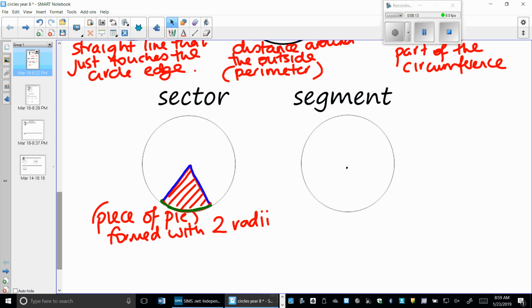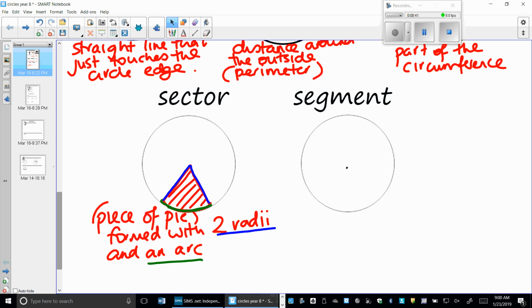Yes. So it's formed with two radii. That's the blue bit. And an arc. That's the green bit. Okay, so it's a piece of pie. So it's formed with two radii, so it has to go to the centre, and an arc. And it's that shaded part. Okay, so it's the bit that we've actually shaded.